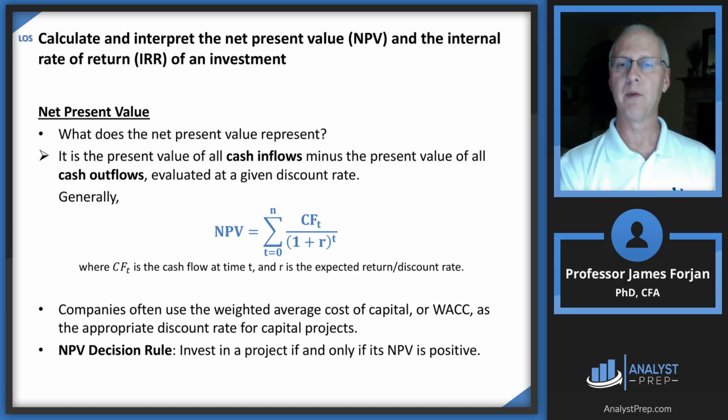Now here's a good capital budgeting point. Companies almost always use the weighted average cost of capital, which will show up in a future reading, or the WACC, as the appropriate discount rate for capital projects. So I want you to think of the following. Where did Johnson & Johnson get the capital to invest in the Listerine product line?